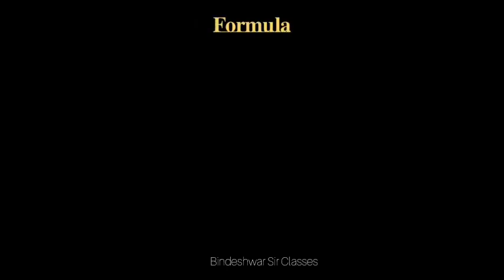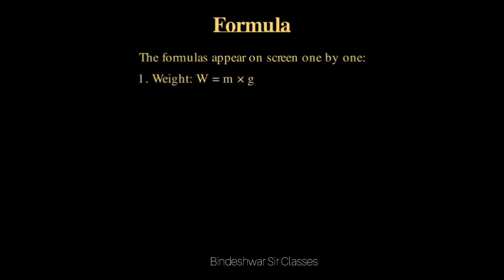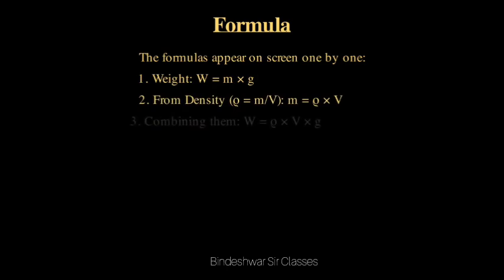To solve this, we need the relationship between weight, density, and volume. We know that weight W is equal to mass, m, times the acceleration due to gravity, g. So W equals m times g. We also know that density, ρ, is mass per unit volume. This means mass, m, equals ρ times volume, v.